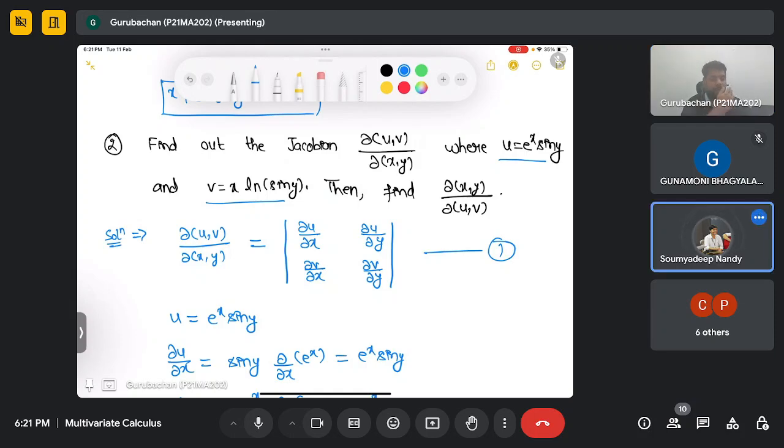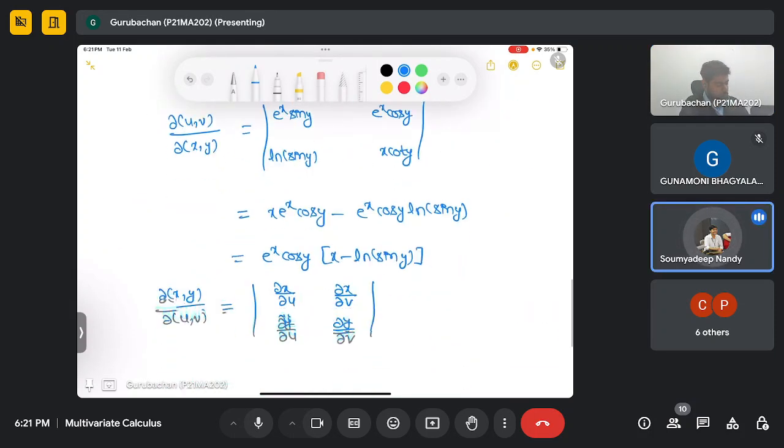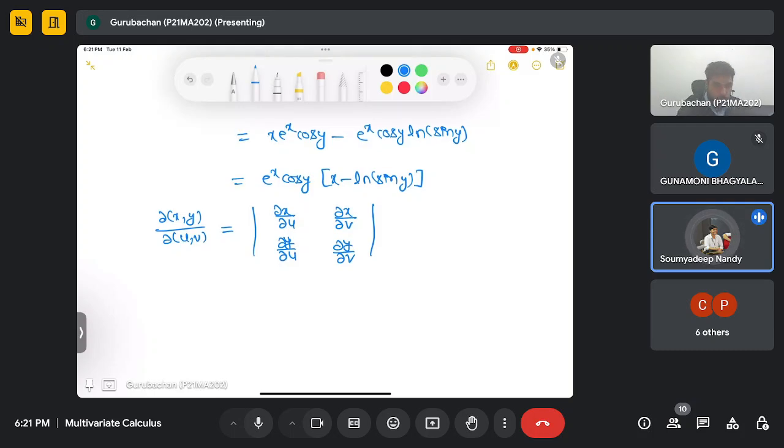No, sir. We will just apply the properties of Jacobian that we know. So what is that property? The reciprocal property. What is that property? Sir, if del(u,v) by del(x,y) is j and del(x,y) by del(u,v) is j dash, then we know that j into j dash is equal to 1. Okay, good.